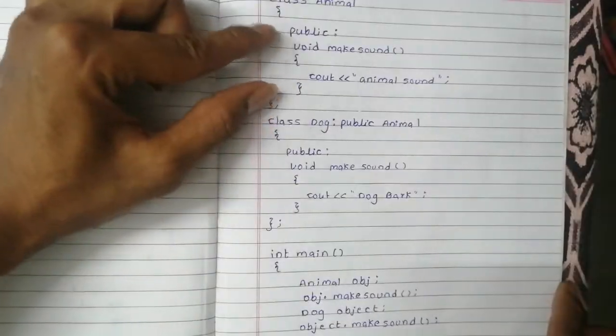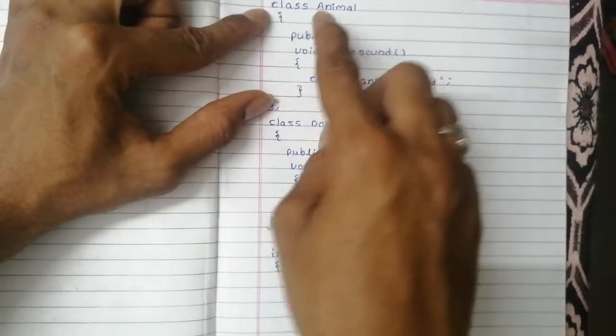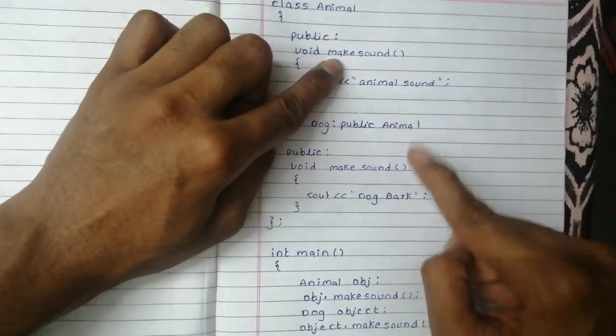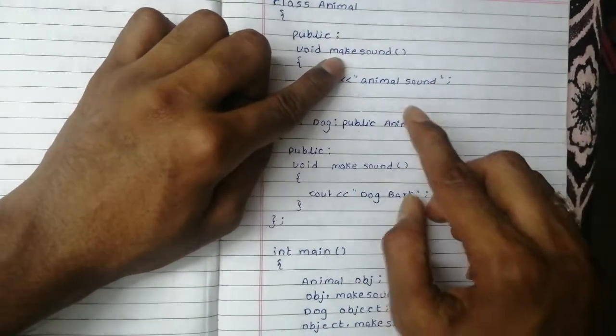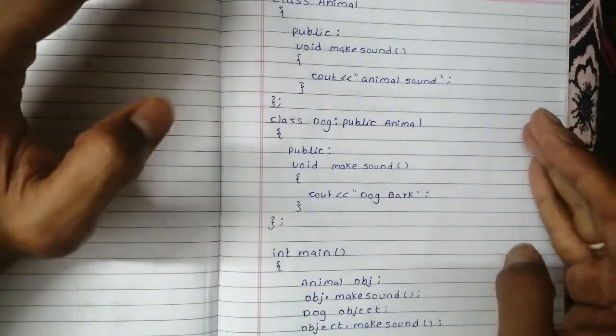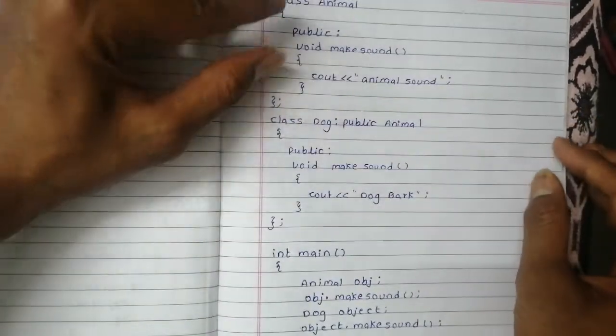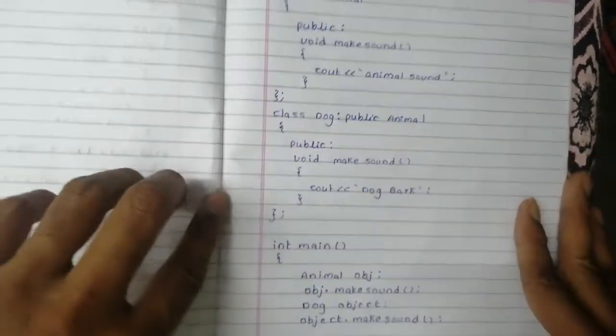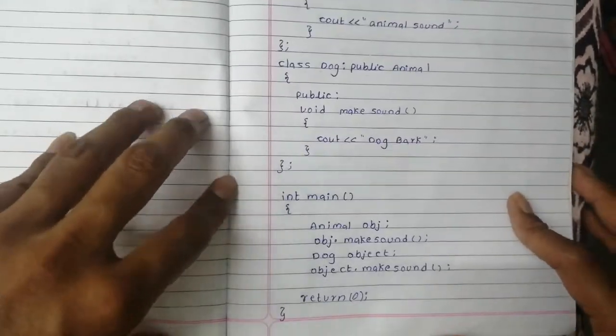The first function is in the base class and the second function is in the derived class. The function name is the same, arguments may be different. So this is called function overriding.